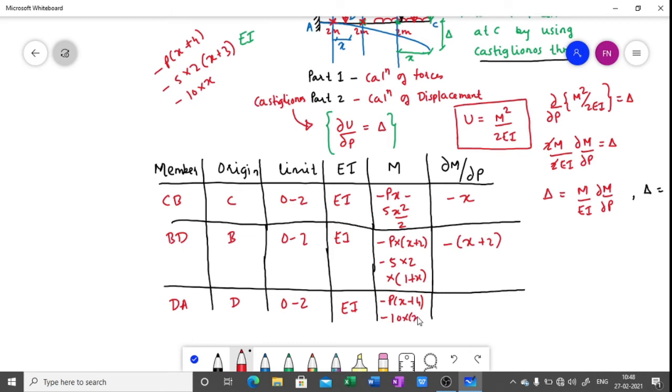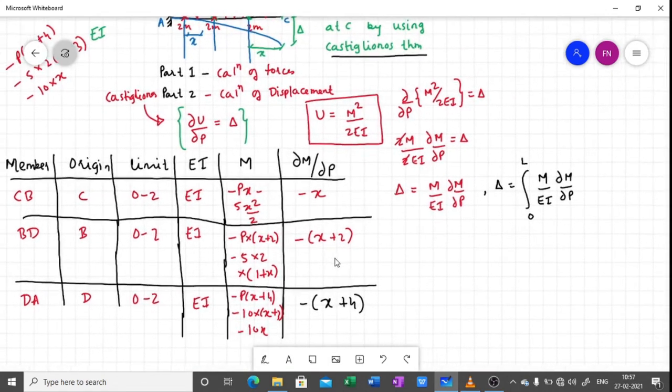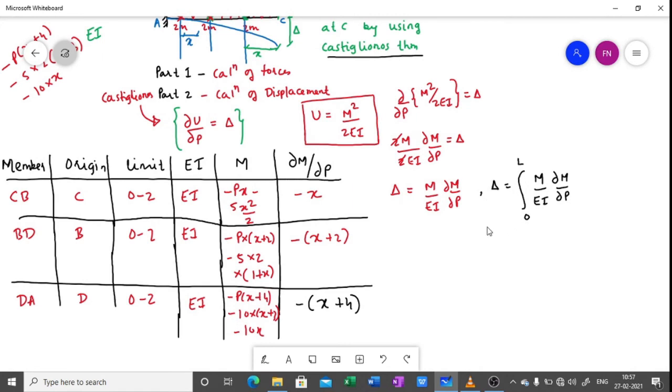Minus 10 into x plus 3 minus 10 into x. Okay, so this is what we got. Differentiating this equation with respect to P partially, you will be getting minus bracket x plus 4.